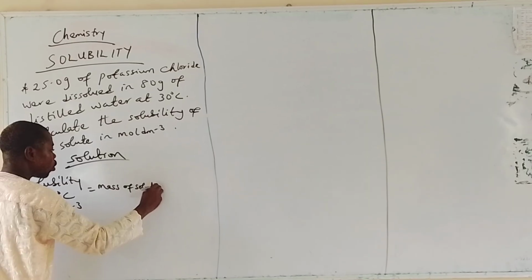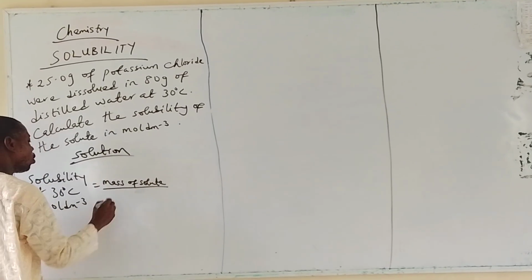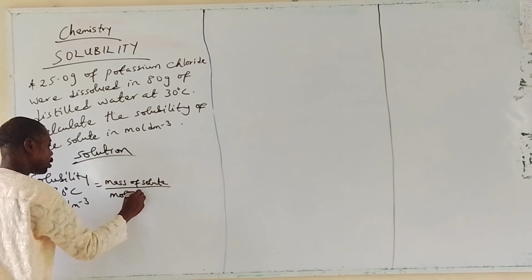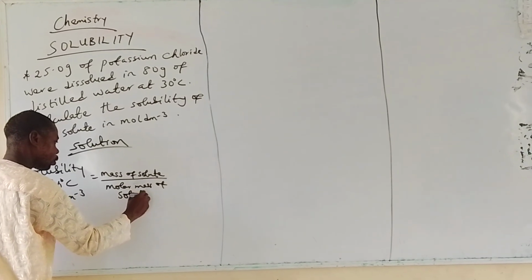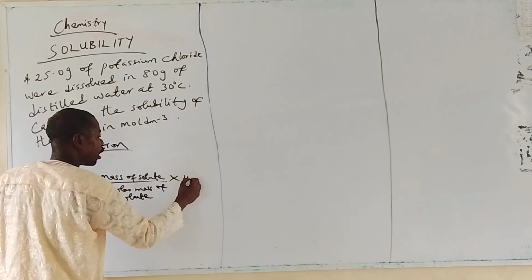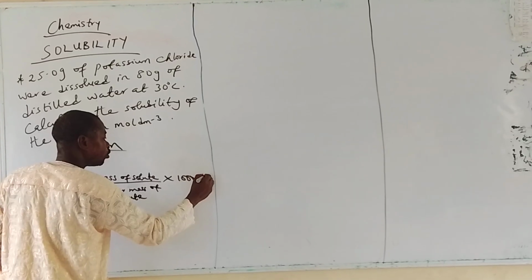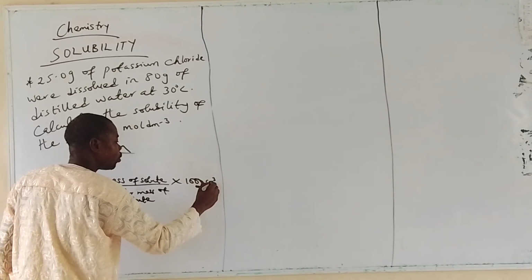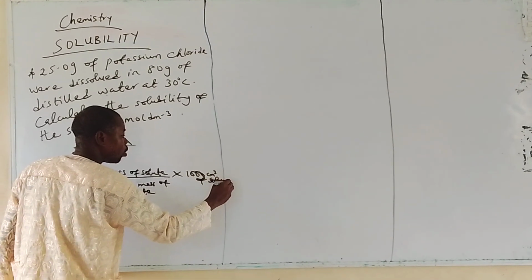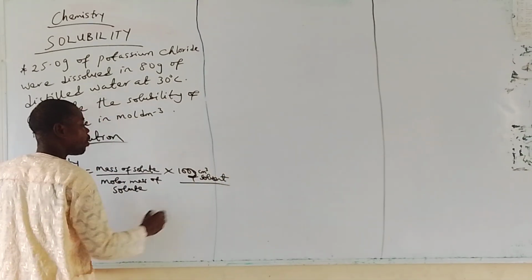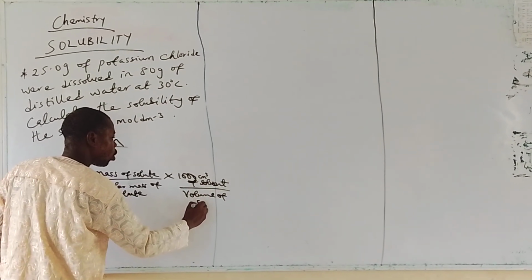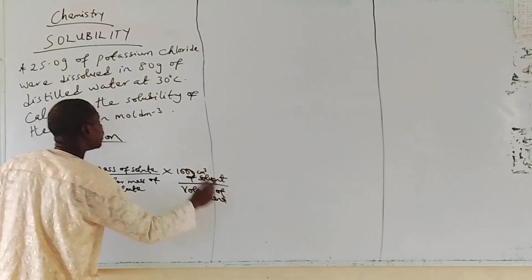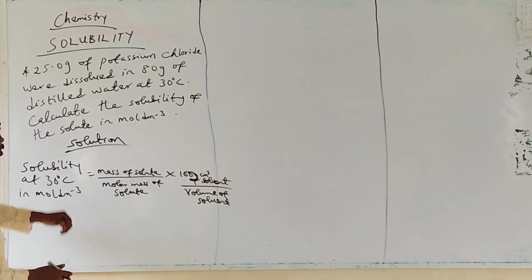So that solute is the salt, all over the molar mass of solute, multiplied by 1000 cm³ of solvent or solution, all over volume of solvent or solution. So this time around I'm dealing with the solvent.